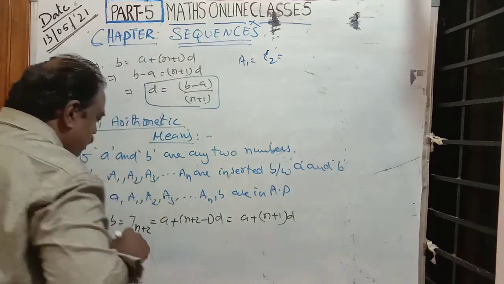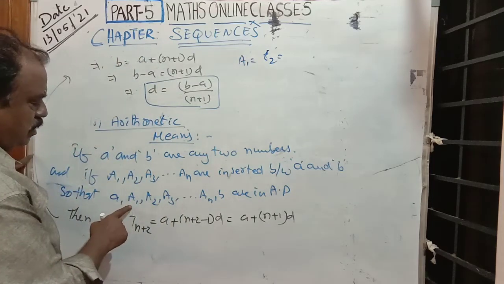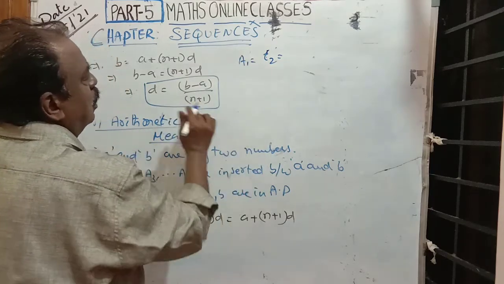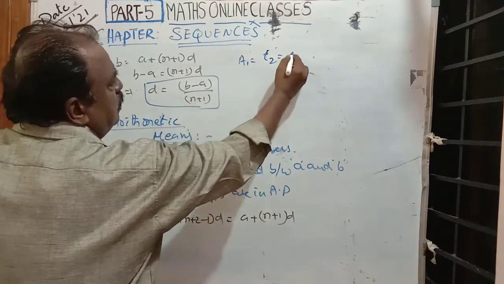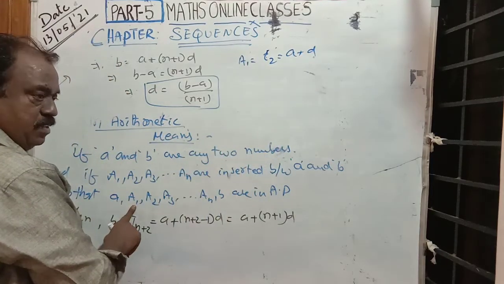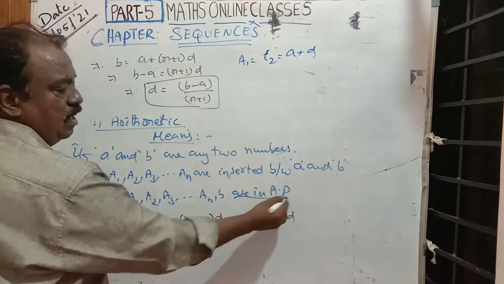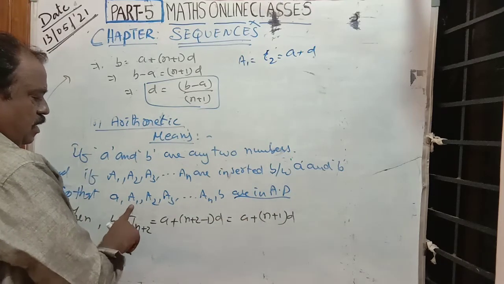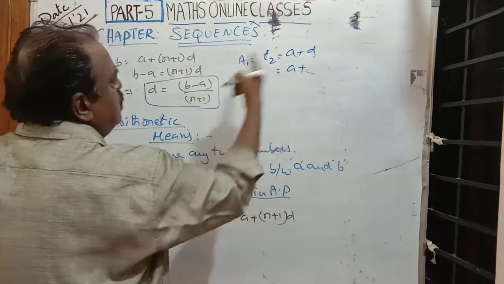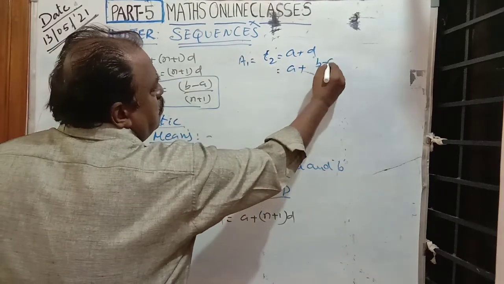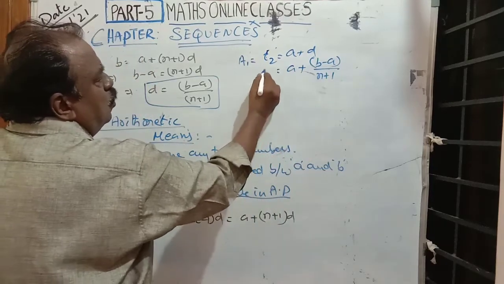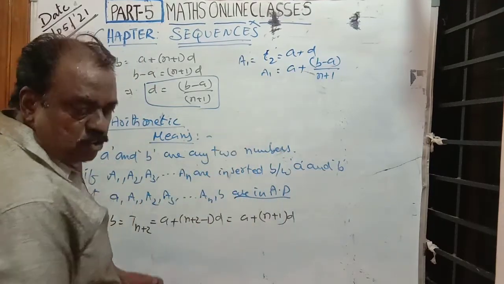T2 actually is A plus 1D, the formula, because it is in arithmetic progression. A plus D, A plus 2D, like this. It is A plus D, where D is (B minus A) by (n plus 1). So A1 is like this.